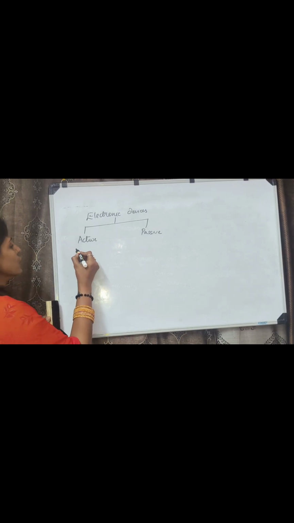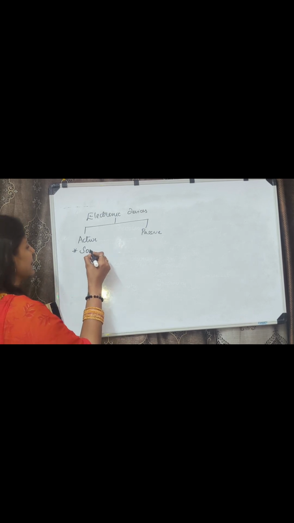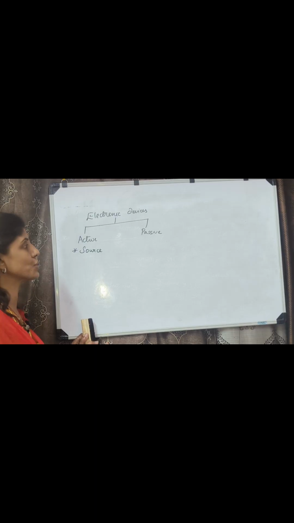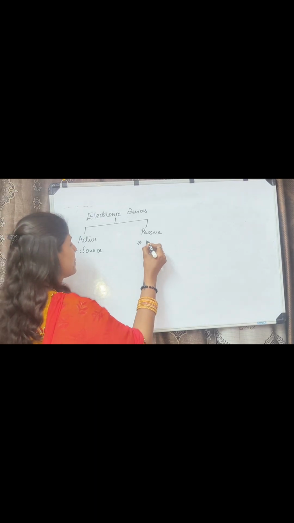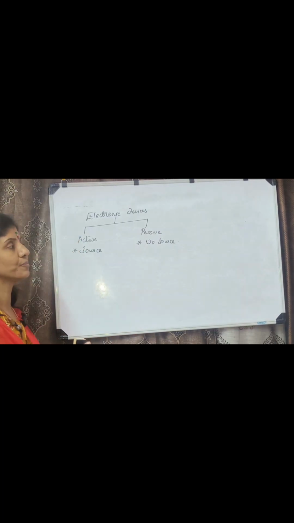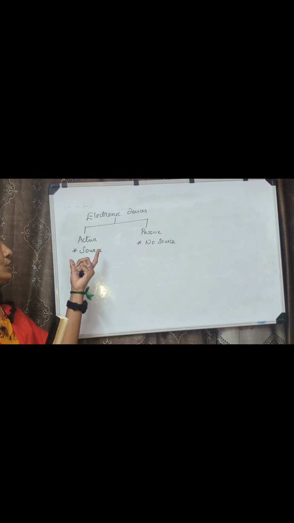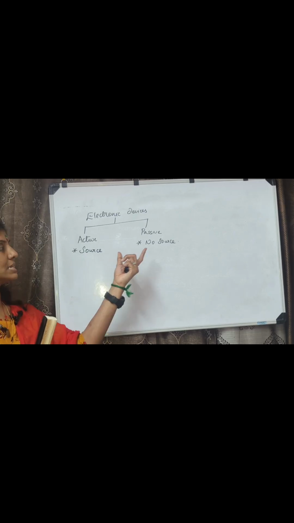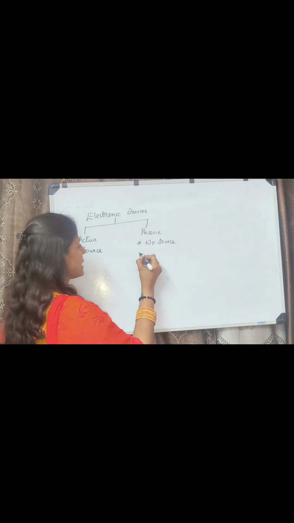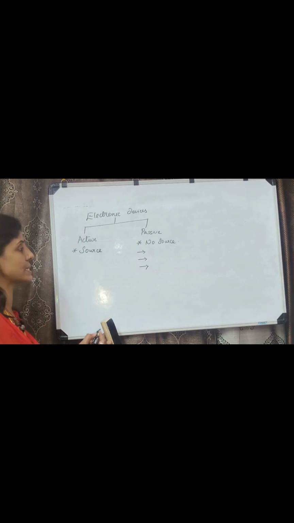One thing you should remember: an active device is a source. If it is a passive device, there won't be any source. But if you want to design any electronic circuit, you need active devices as well as passive devices.